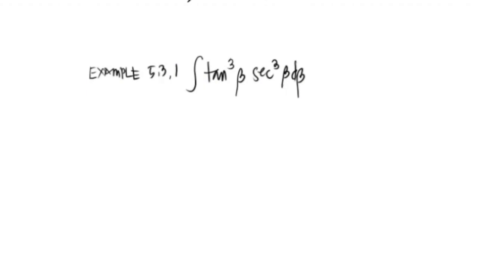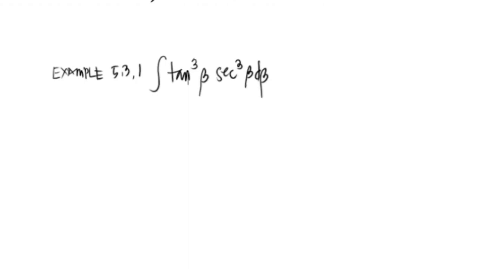So in here, dito nagdagdag ako ng additional example. Example 5.3.1. So we have here the tangent of beta cube multiplied by secant beta cube d beta. So hindi sa lahat ng oras x yung ginagamit natin na variable.